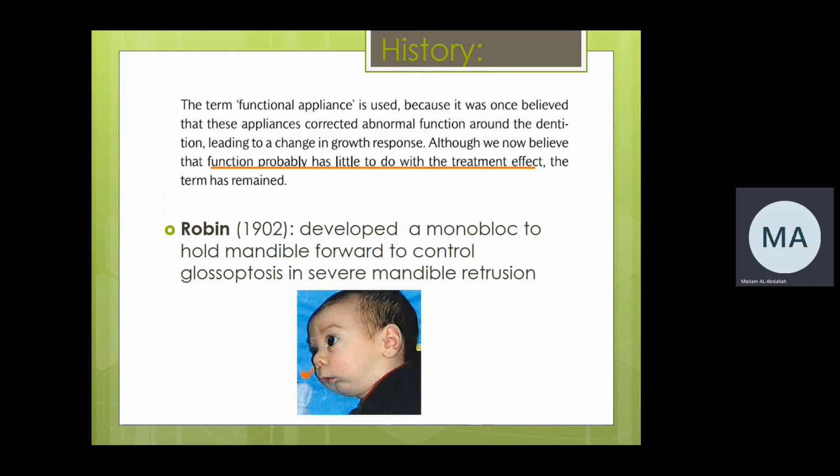So what this researcher did was use a monoblock in order to hold the mandible forward, in order to bring the tongue forward, enhance breathing, and increase the respiratory space.